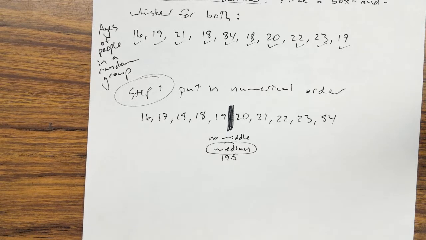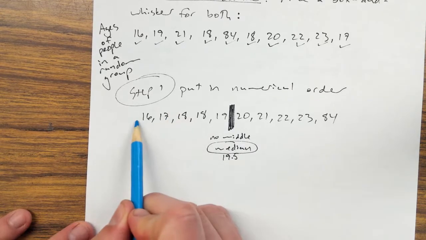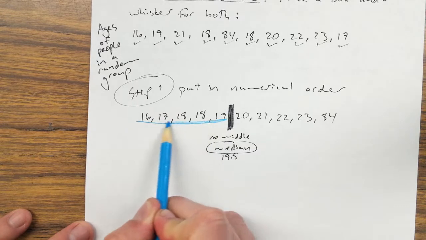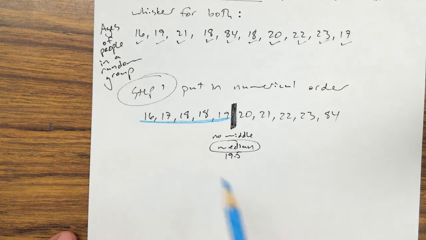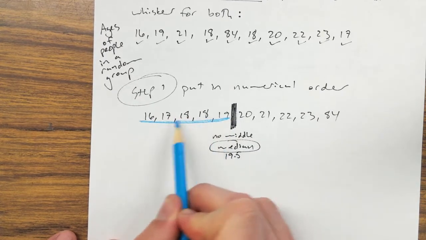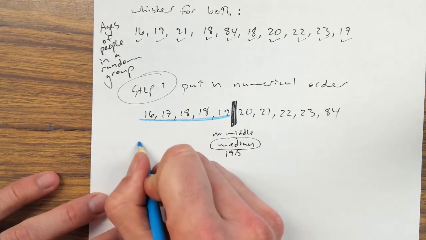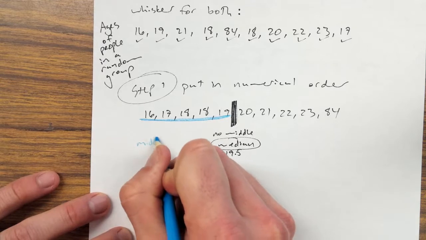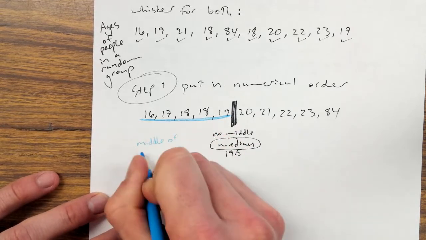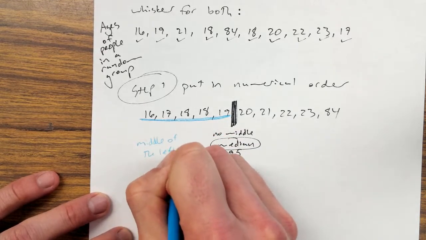Once you find the middle of the whole thing, you want to look at the left side and ask yourself, if I were just to focus on the left side, is there something called the middle of the left?